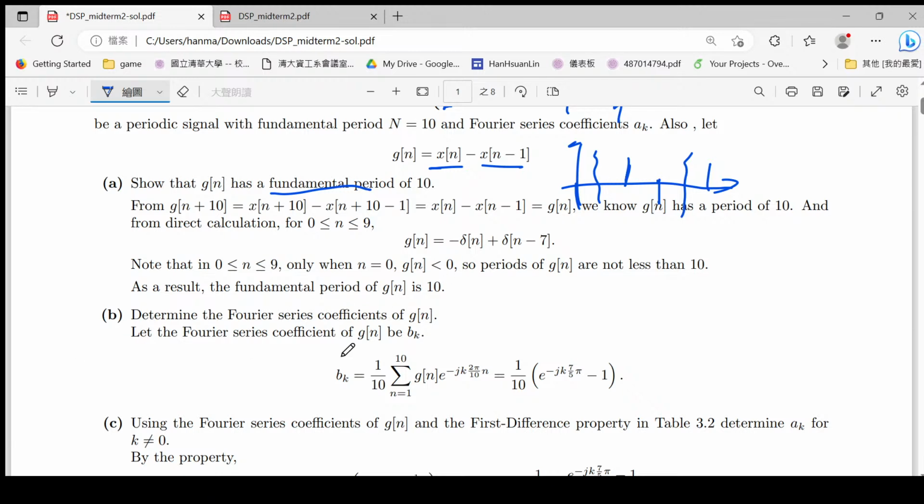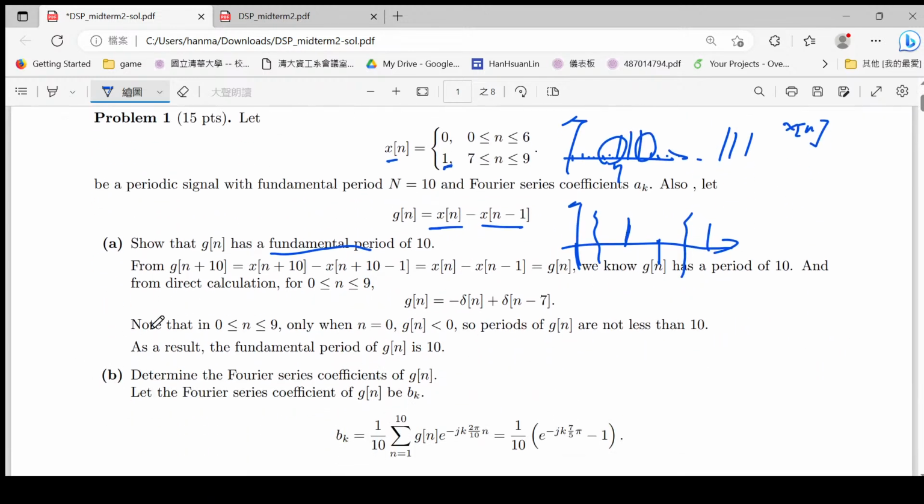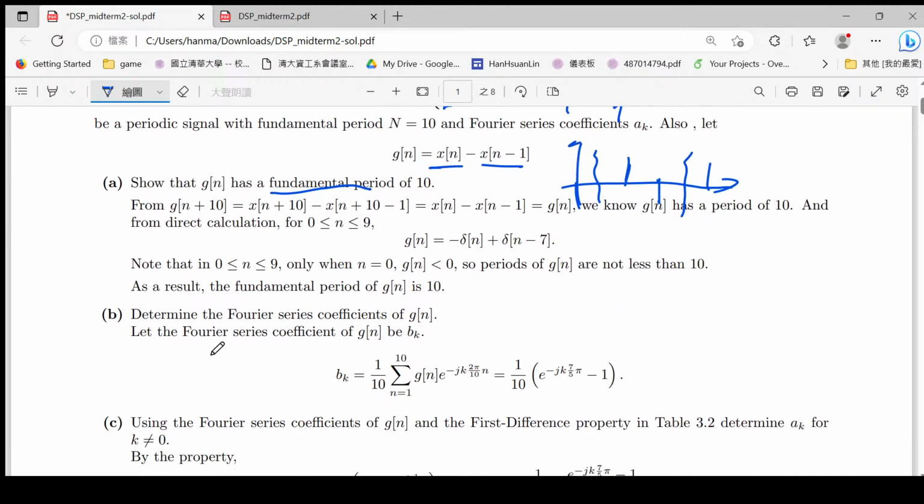And then, as we say, we want to determine the Fourier coefficient of g of n, and they really only have 2 spikes, and so we know the Fourier series coefficient of the delta function should be just 1 over the period. It's 1 over 10.